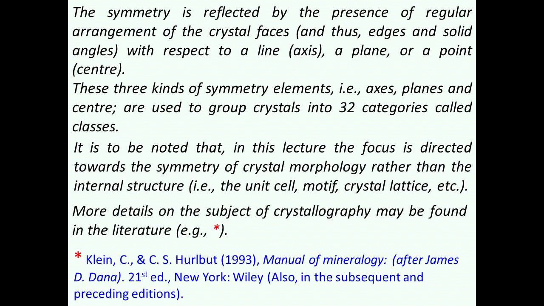It is to be noted that in this lecture, the focus is directed towards the symmetry of crystal morphology rather than the internal structure, in other words, the unit cell, motif, crystal lattice, etc. More details on the subject of crystallography may be found in the literature.